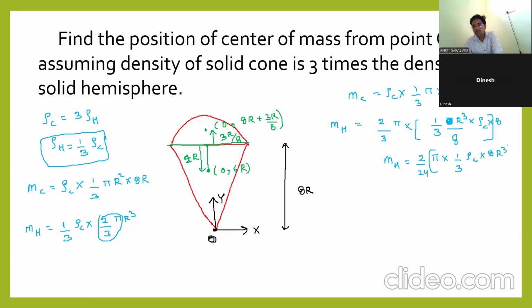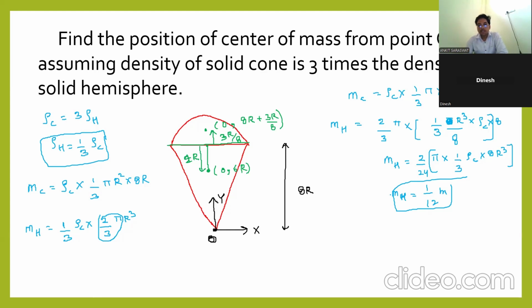Check carefully. So it is 1 by 12 m. Check all the calculation. Is it okay? So if the mass of cone is m, then the mass of hemisphere is 1 by 12 of m. Because if I make any mistake in calculation, then the answer will be wrong.